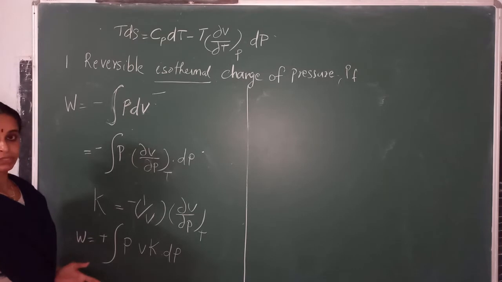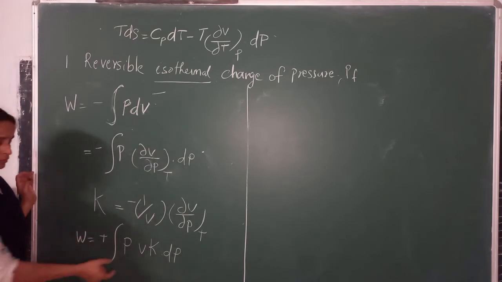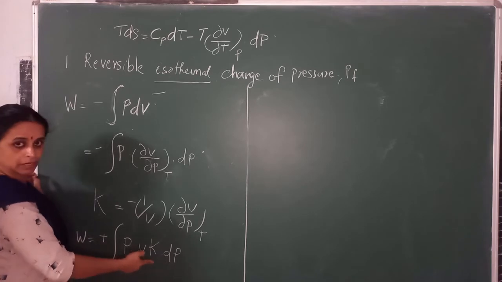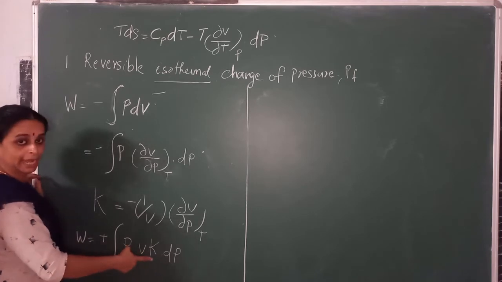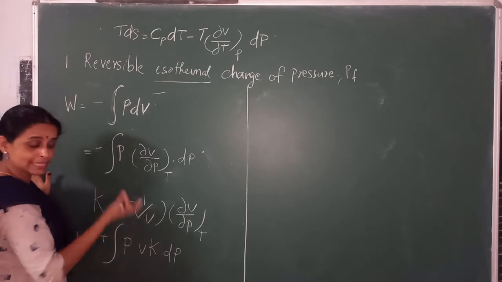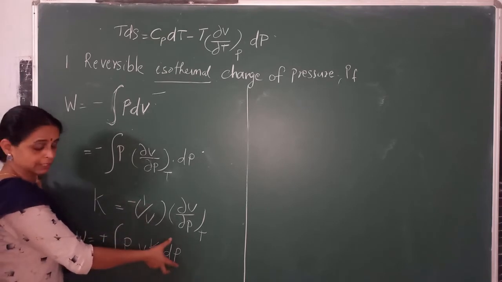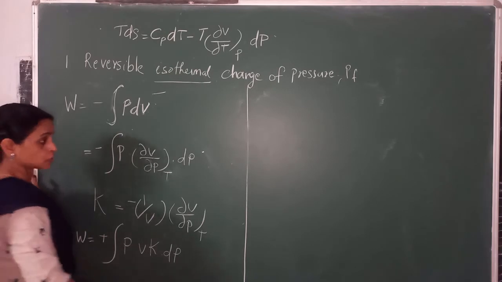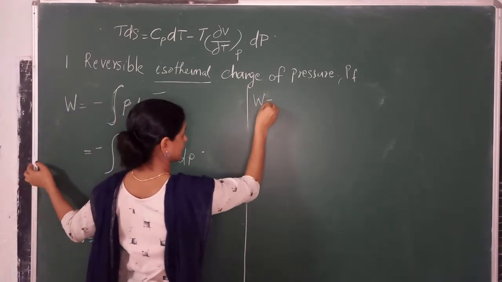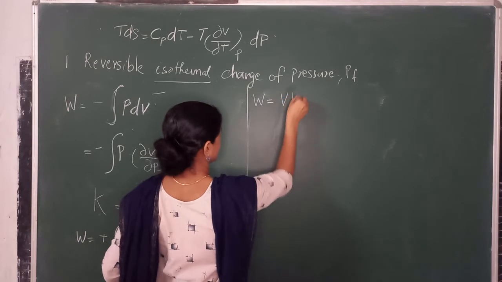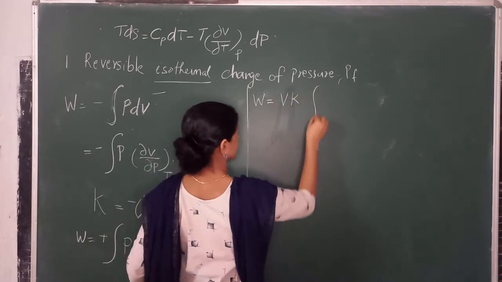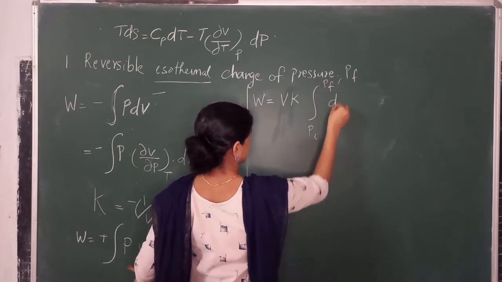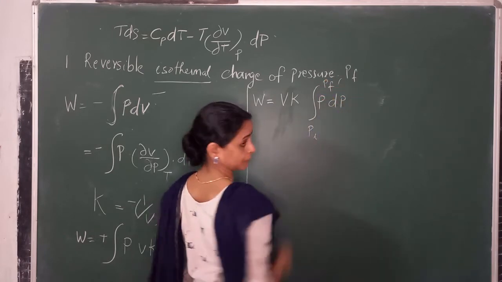As we have told earlier, the change of pressure, the volume and this isothermal compressibility here is also insensitive to the change of pressure. So we can take this V and K outside of the integral. So we will get W is equal to V into K into integral from Pi to Pf P dP.